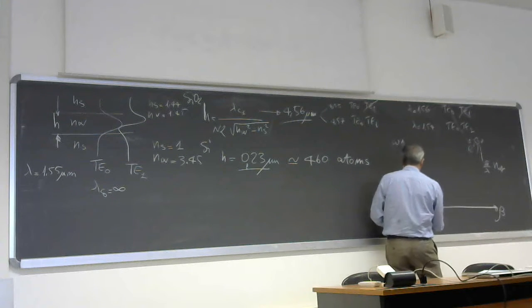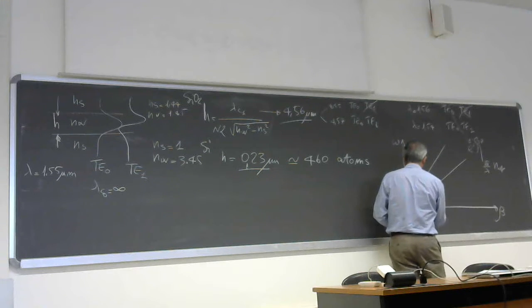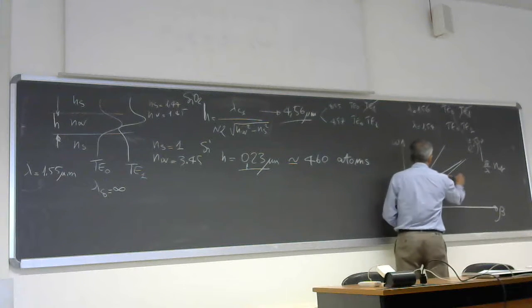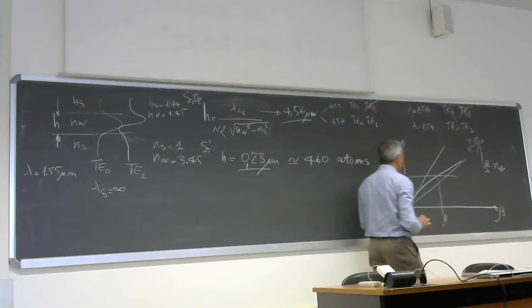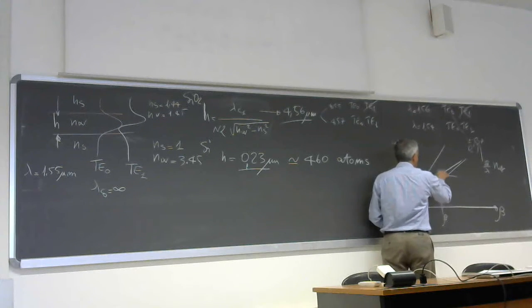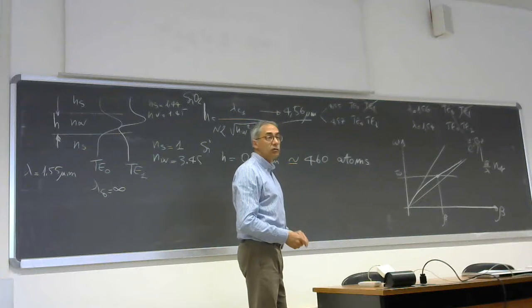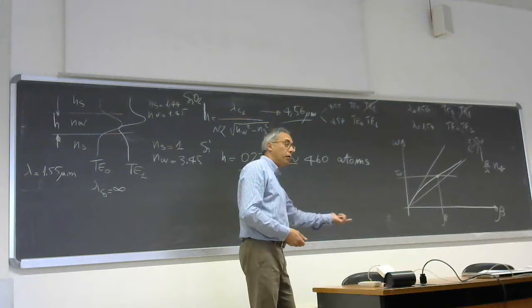So the omega-beta diagram, or dispersion diagram, is something like this. If you define a frequency, you get the solution of the wave equation: the eigenvalue, so the phase constant of the mode, and the eigenvector, so the shape of the mode.